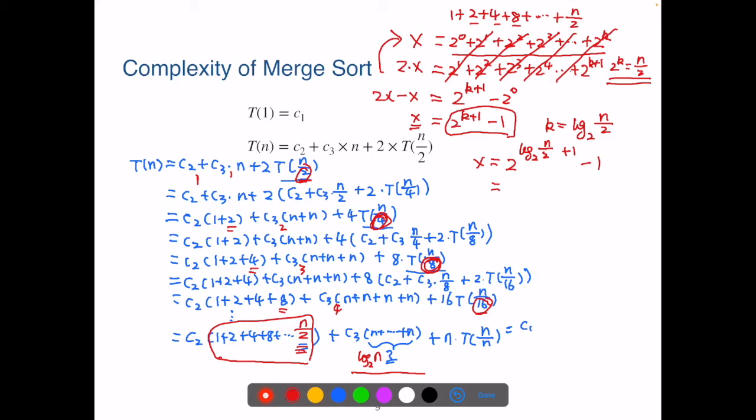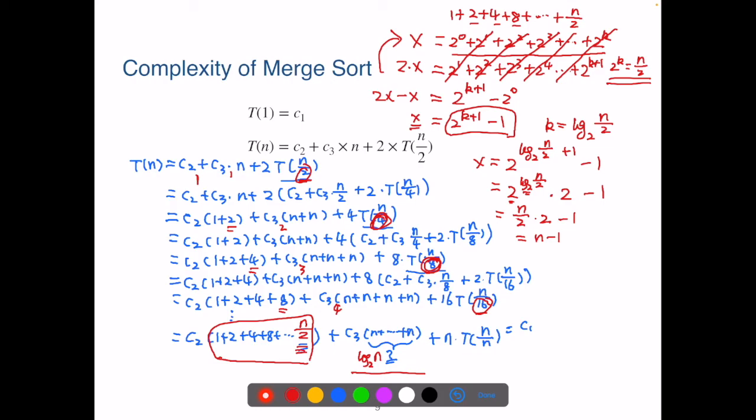And then we'll get 2 to the power of log2(n/2), times 2, minus 1. And then we know what this is. That's n over 2 times 2 minus 1. So we get n minus 1. So this whole thing, x here, is n minus 1.